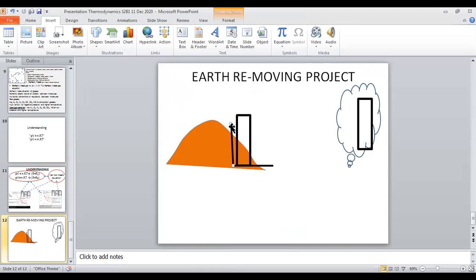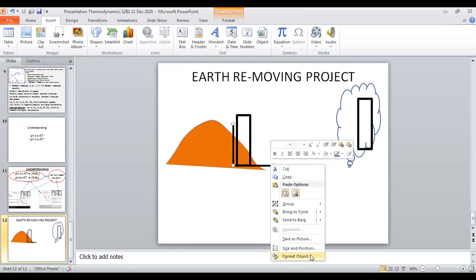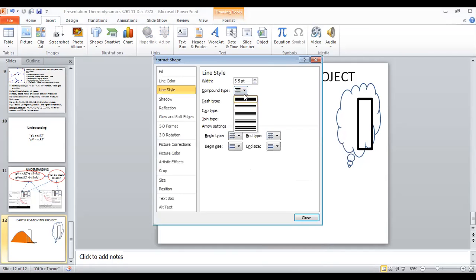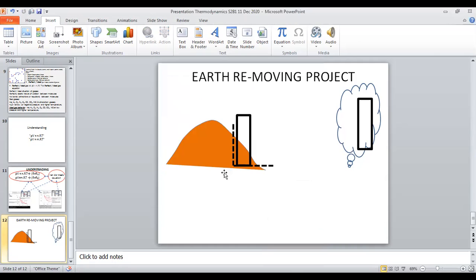You are removing this earth. So this is a big project. You have to remove this. So this is the earth moving project.